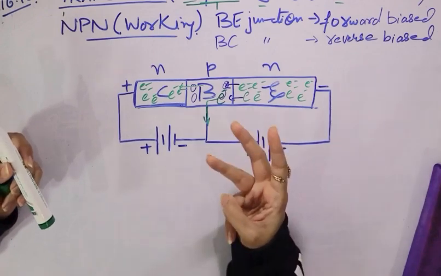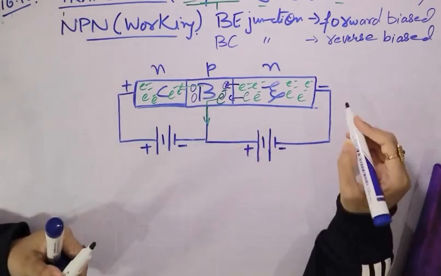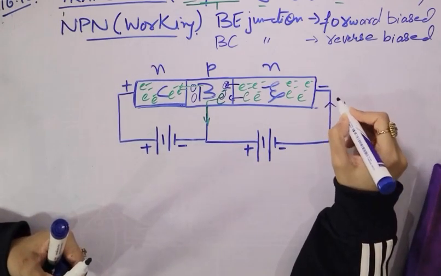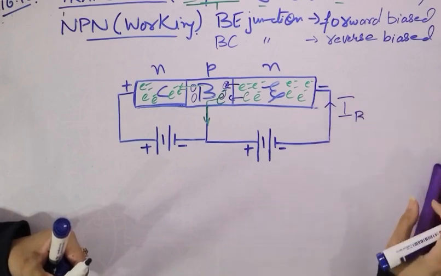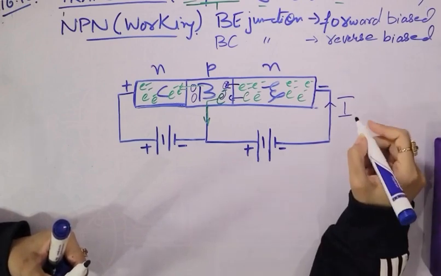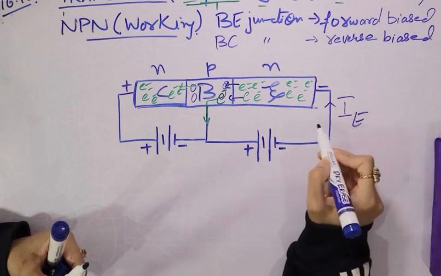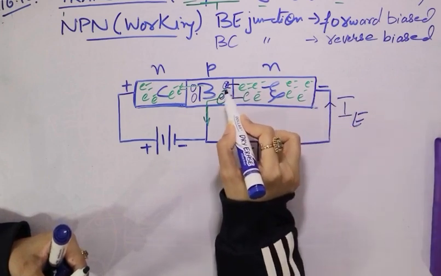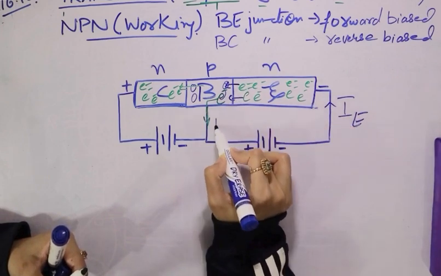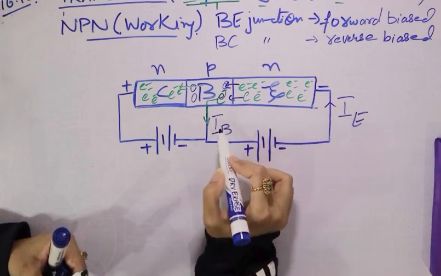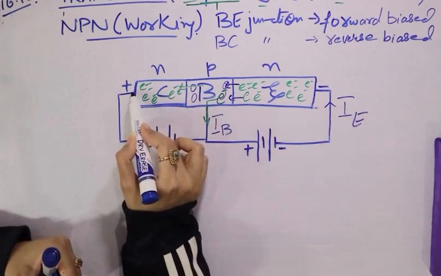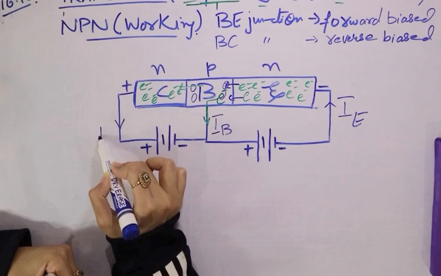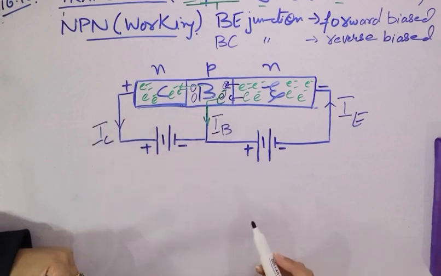So you see, you have 3 types of current. The current that flows from here we call IE, that means emitter current. Emitter current goes in, some of the emitter current comes out in the form of IB and the rest of the emitter current comes out in the form of IC.